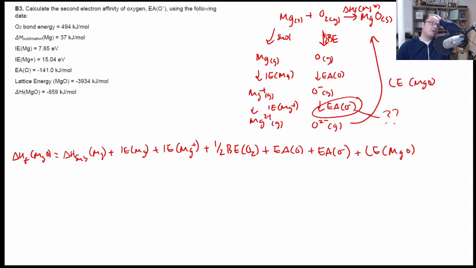Since we're trying to figure out the electron affinity for O minus, all we have to do is rearrange all of this.